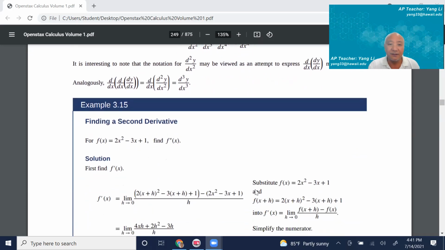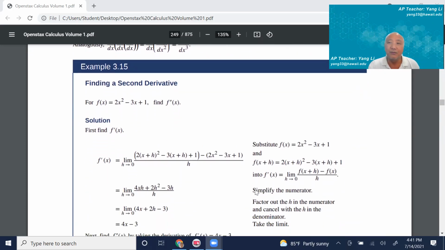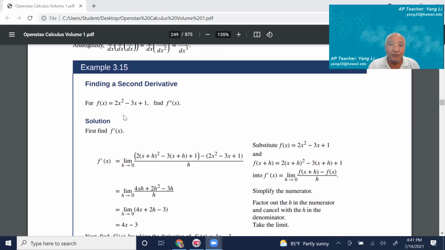Now let's look at example 3.15. We're going to find the second derivative of this function by the definition of the derivative. Remember at the beginning, we learned the formula 3.6. I put it here: f prime of x equals the limit as h approaches 0 of f(x plus h) minus f(x), divided by h.